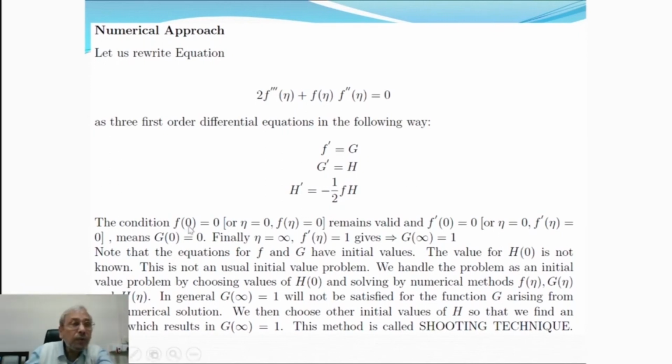We have already seen that at eta equal to 0, u equal to 0 and v equal to 0, so f prime naught equal to 0 and f naught equal to 0. So f naught is known for solving this. Now this equation means f double prime equals some expression.